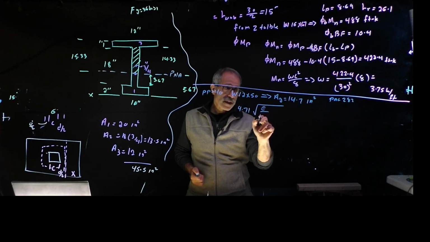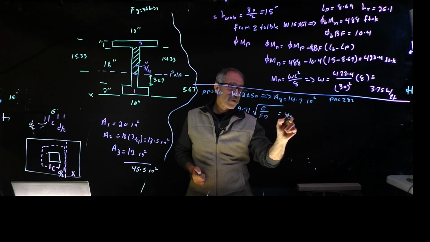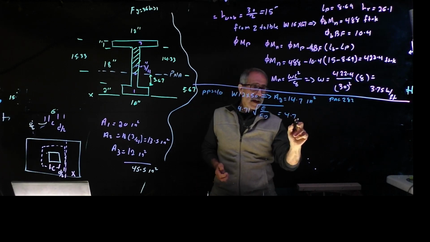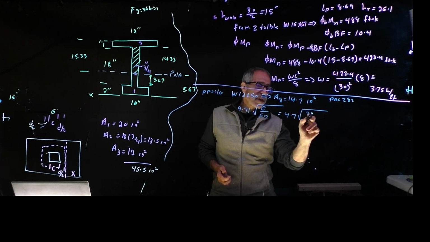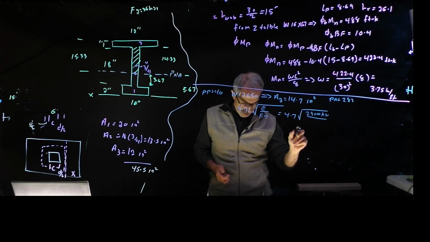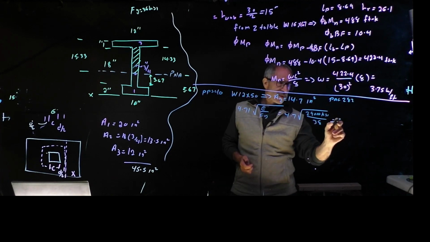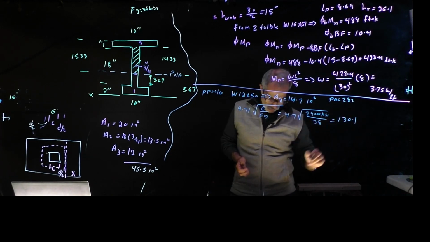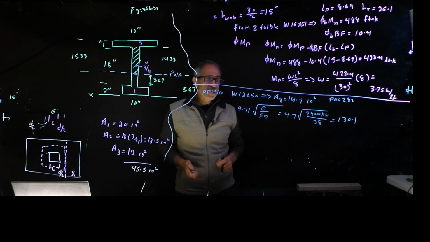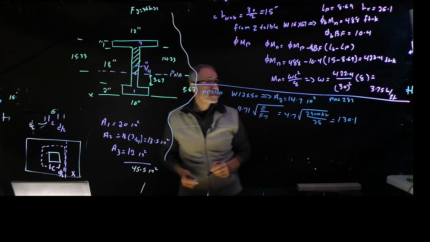and that comes out to be 4.71 times, steel modulus of elasticity is 29,000 ksi, divided by, I think the Fy was 38, yeah. And that will give us 130.1. So we are less than that, and we're going to use the Euler buckling equation.